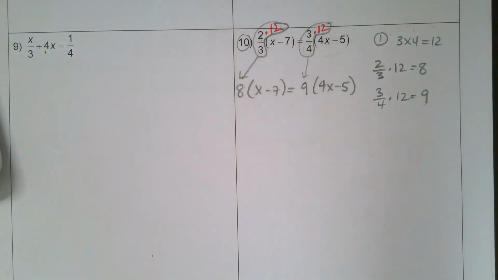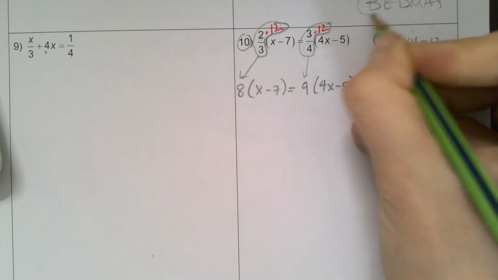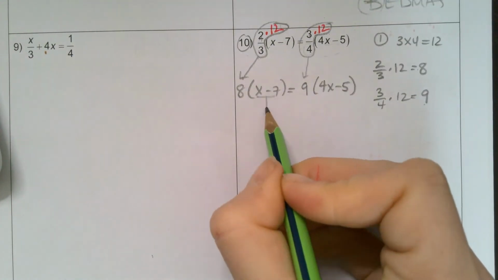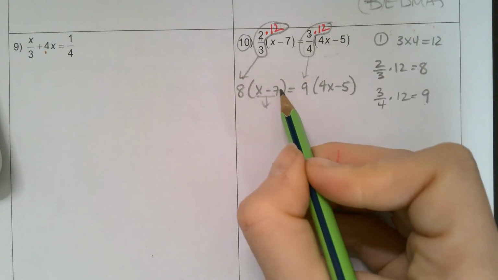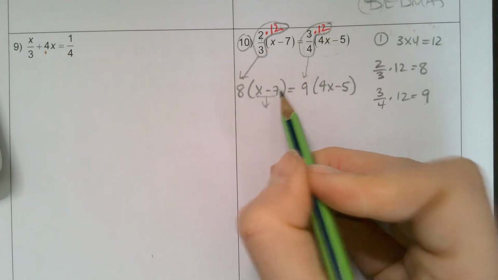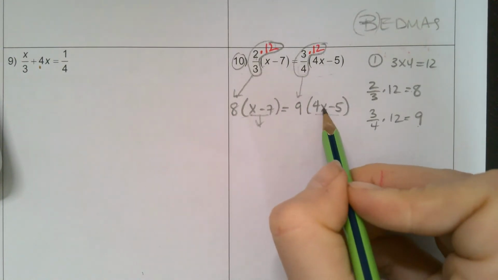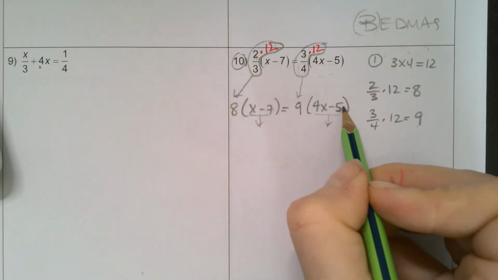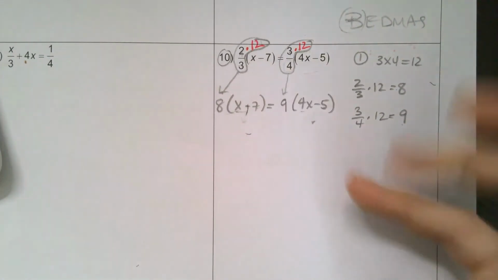So now, BEDMAS says I have to do inside the brackets first. So let's check. Can I do it? X minus 7? No, because this 7 doesn't have an x, so they're not like terms. So let's check the other one. Can I do 4x minus 5? Nope, because the 5 doesn't have an x, so they're not like terms. So I can't do inside the brackets.